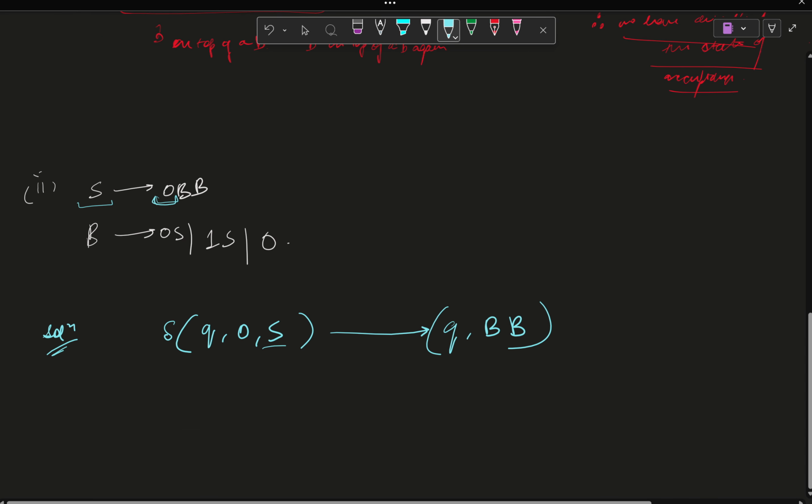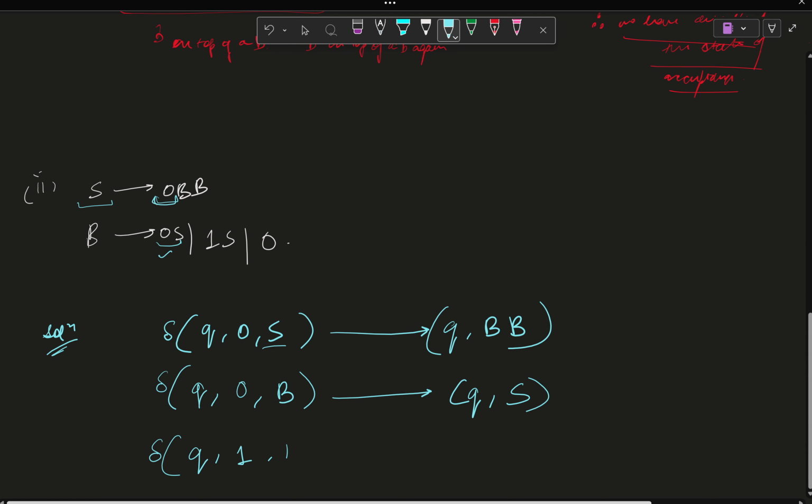Now, the second transition function that we can define here is delta(Q, 0, B), which is going to (Q, S). We are done with this production rule as well, and then delta(Q, 1, B) goes to (Q, S).